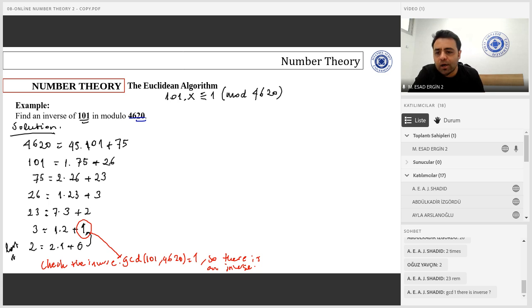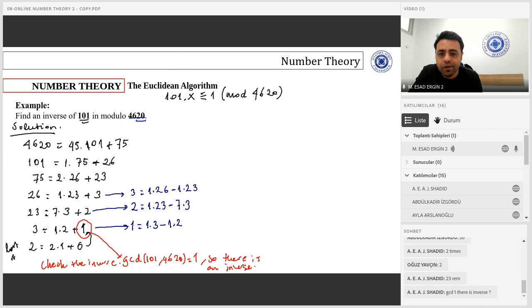Okay, now we are going to do the same approach, which is 1 equals 1 times 3 and minus 1 times 2. And this one, 2 equals 1 times 23 and minus 7 times 3. And here we have 3 equals 1 times 26 and minus 1 times 23.